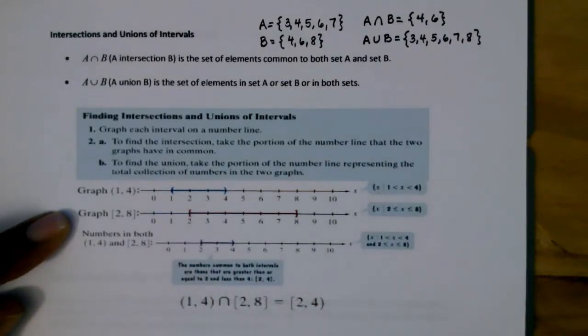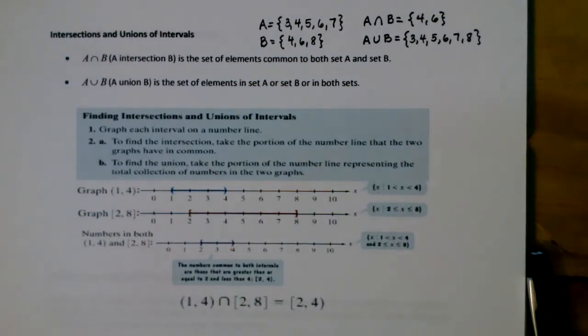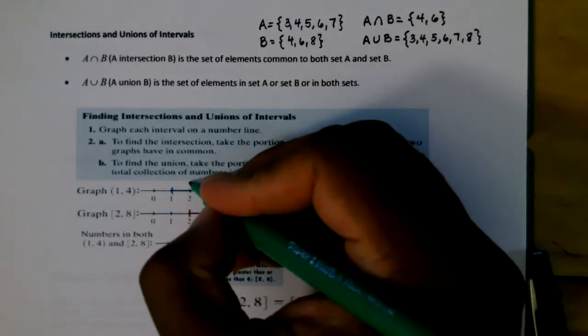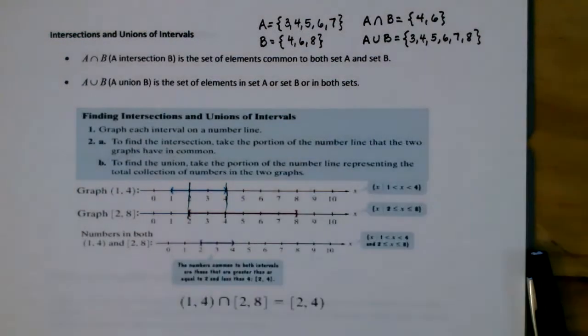Okay. And now what we need to do here is find out where the overlap occurs. And if you look at this, you'll see that the overlap occurs from 2 to 4. That's where the overlap occurs.